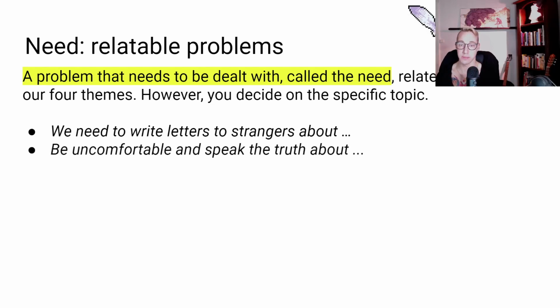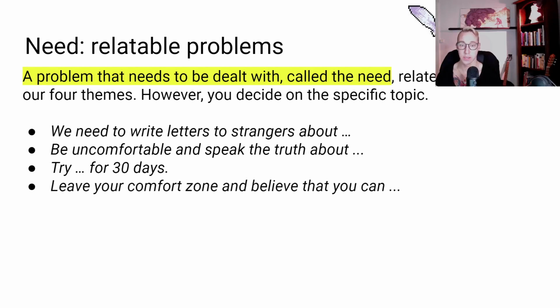The second theme is be uncomfortable and speak the truth about something else. So here it's all about leaving your comfort zone. Thirdly, it's more of a challenge. This one is called try for 30 days. Whatever they're supposed to try is up to you, but it's important that you want them to challenge themselves.